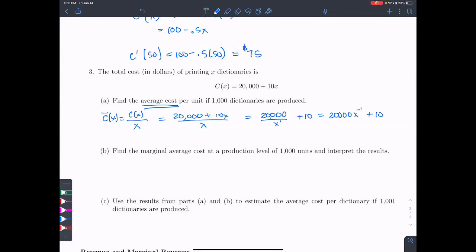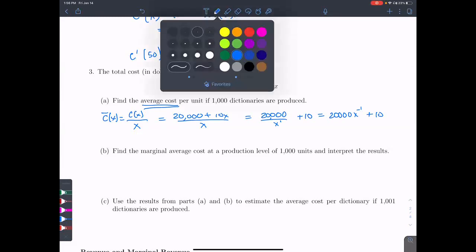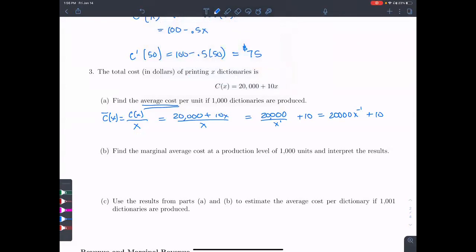I am supposed to be finding the average cost per 1,000. So I'm going to do C bar of 1,000 now. This is 20,000 X to the negative 1. So 20,000 times 1,000 to the negative 1 plus 10.